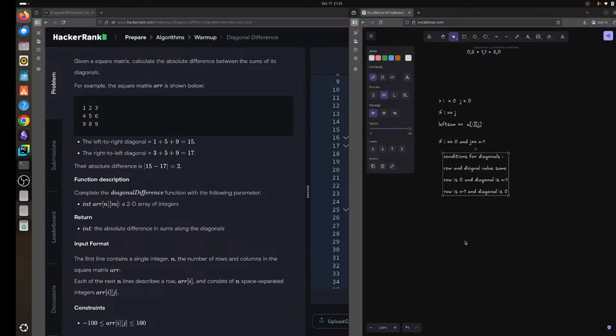We consider the number of diagonals and the values being the same. We can have one diagonal element where row and diagonal are the same, one where row is 0 and diagonal is n minus 1, and one where row is n minus 1 and diagonal is 0. These are the three different cases, right?